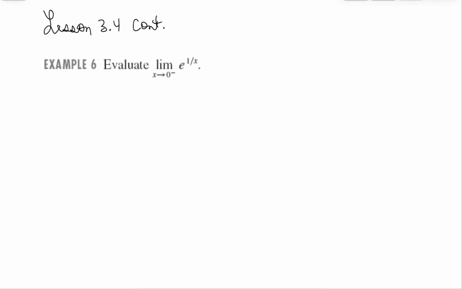Okay. Continue lesson 3.4. Anytime you see a limit, you need to first think about what they're asking you. So when they're doing this limit as x approaches zero from the left, we can assume something funky is happening at zero. If you try direct substitution, you get e to the 1 over 0, which is undefined.